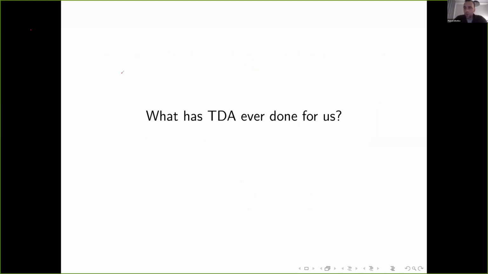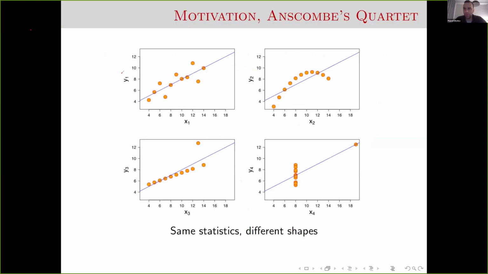And for me, one of the motivations, mainly also because I'm right now at a conference of statisticians, is coming from statistics. So what we see over there is a classical example from 1973 by Hans Combes. We have 4 different point clouds, and we can clearly see that they are visually very different.